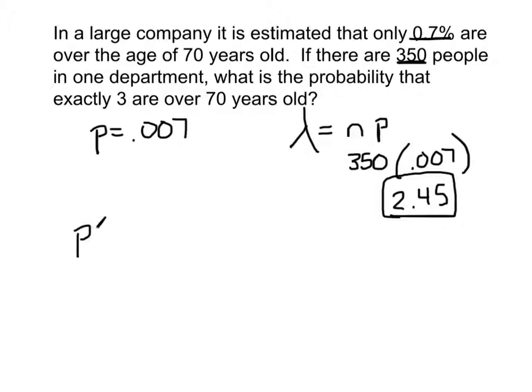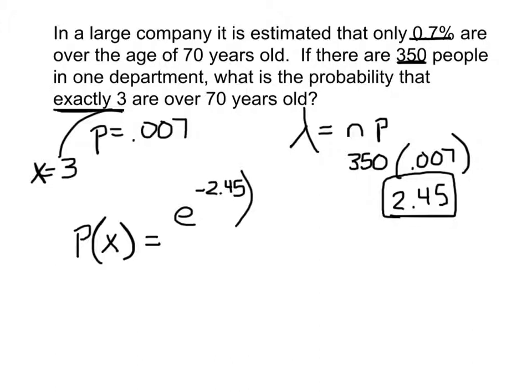So now we're going to find the probability that exactly 3 people are over 70 years old. Well, there's my x. So I go to my formula: e, remember that's a constant term, to the negative gamma, so negative 2.45, multiplied by gamma, the expected occurrences, to the power of 3, in this case the number of occurrences I'm looking for, and all that over 3 factorial.